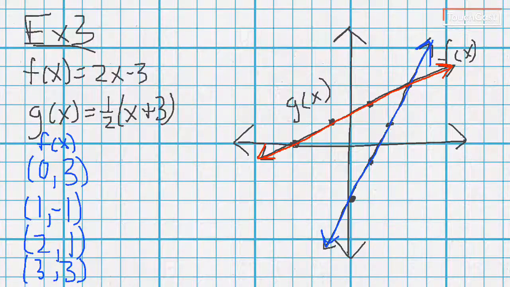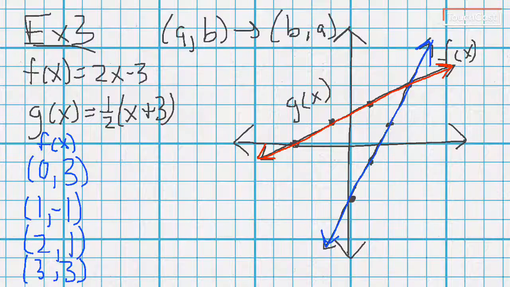If f of x and g of x are inverses of each other, all that we're looking for, really, is if f of x has a point AB, then g of x has a point that's BA. We just switch the x and the y. So let's look.